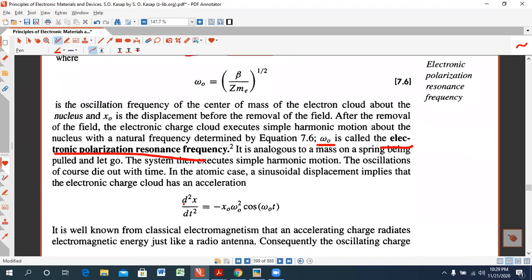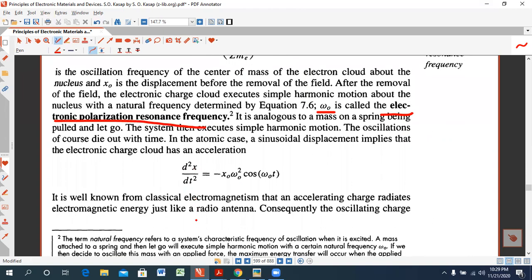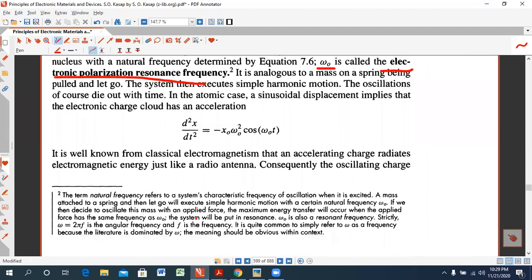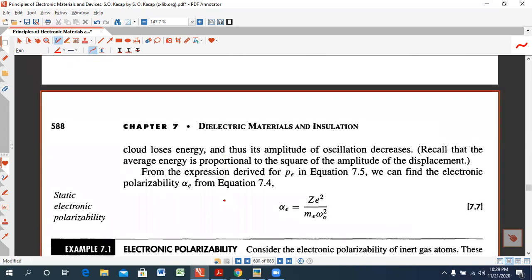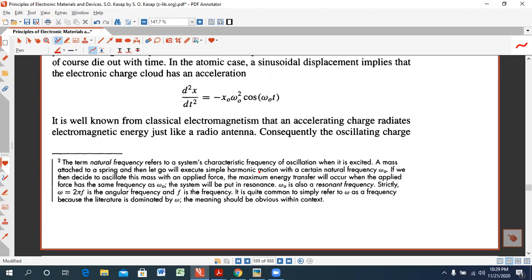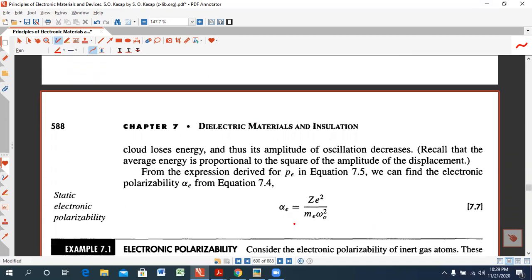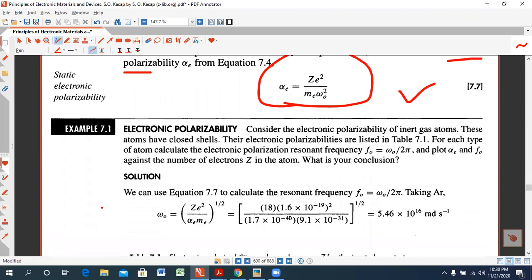We can also find the acceleration from here using the second derivative, using the very classical theory of physics. This is not so difficult if you go through it. From there, we can conclude that the electronic polarizability alpha E equals Z e square divided by m omega naught square. Very straightforward.